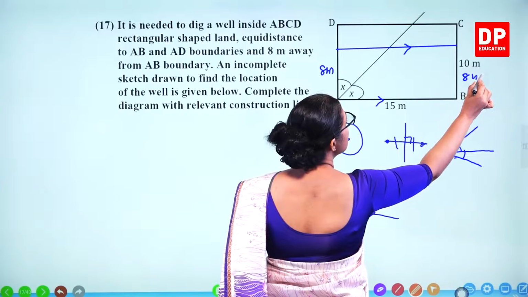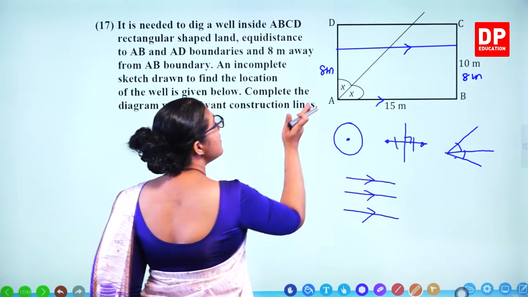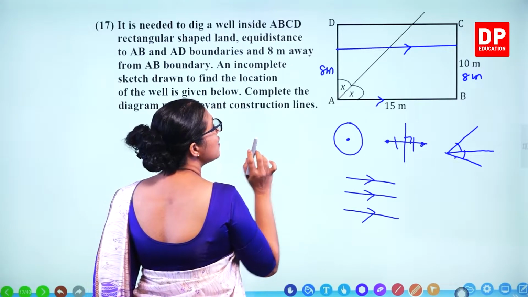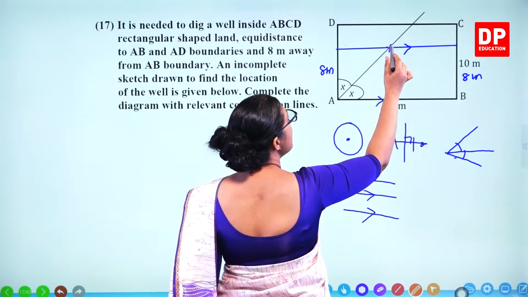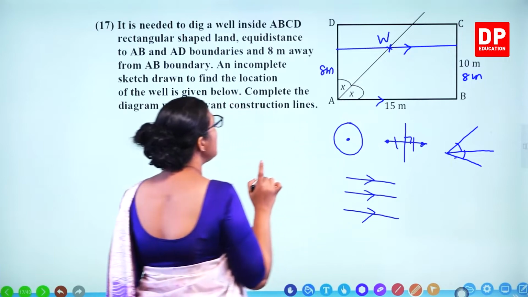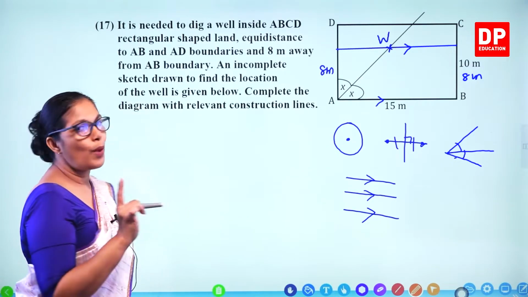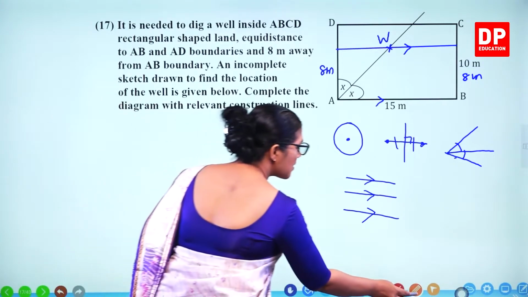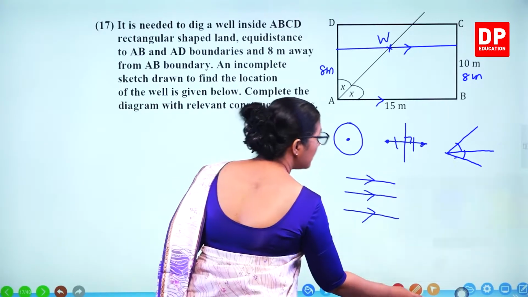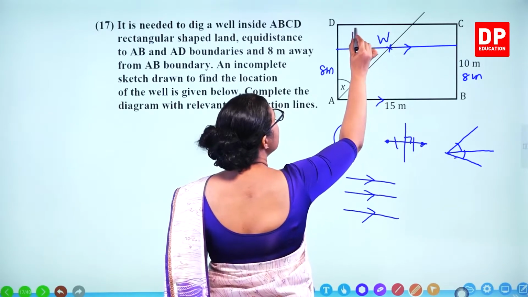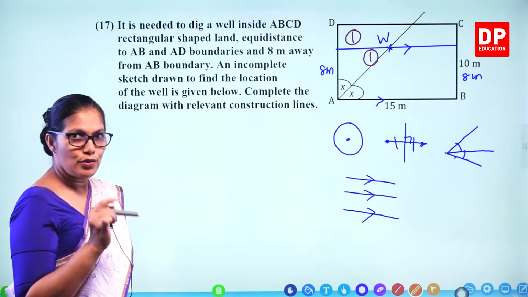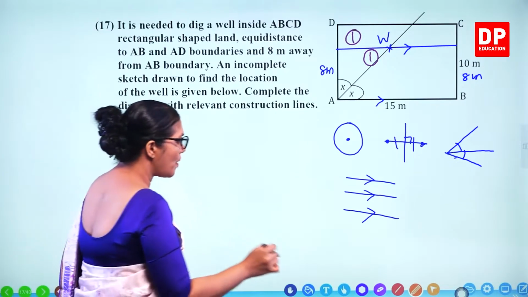This is 8 meters and this is the angle bisector. So already drawn the angle bisector. So the intersecting point is the place where you need to dig the well. So you are getting 2 marks showing that. The parallel line, that's 1 mark, and showing the correct position of the well, you get 1 mark. 2 marks for that.